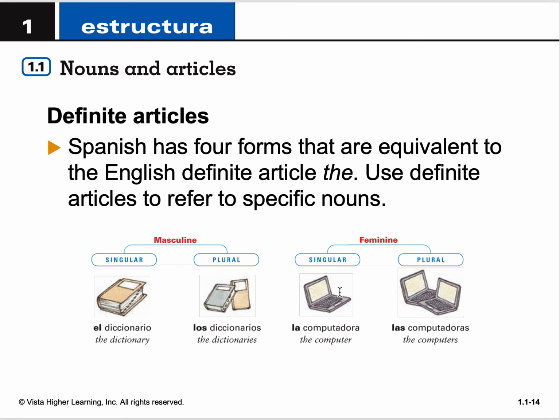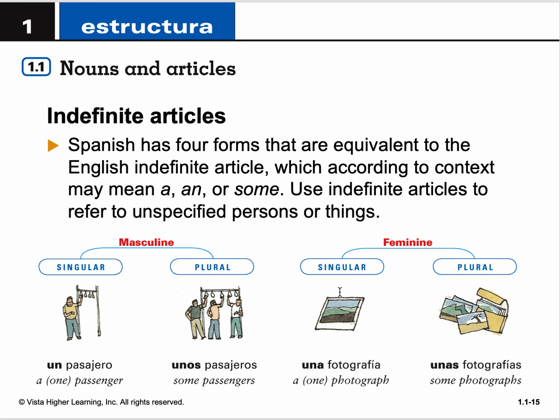Spanish is different. For the definite article, Spanish has 4 forms that are equivalent to the. I have el, los, la, las. Where el and la are singular, los and las are plural, but they all mean the. I also have multiple forms of a.